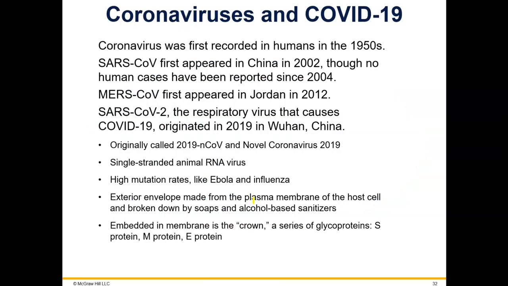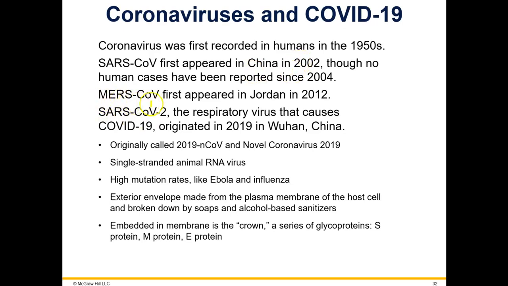Now we're going to talk a little bit about coronavirus and COVID-19. A coronavirus was first recorded in humans in the 1950s, but SARS-CoV first appeared in China in 2002. But we have not had any cases of that strain since 2004.